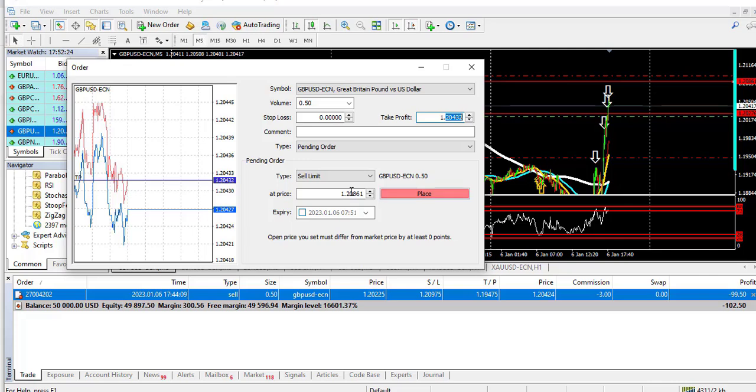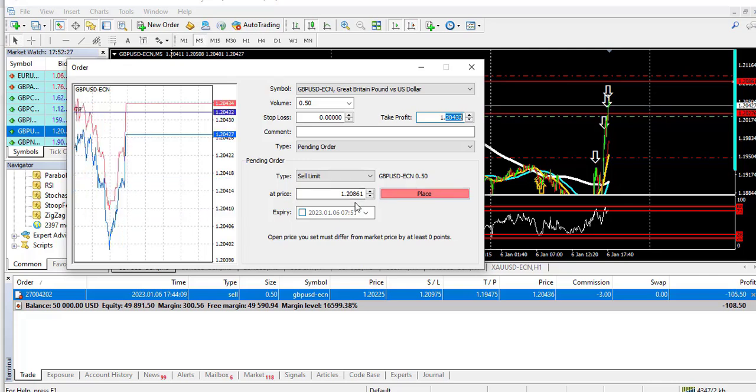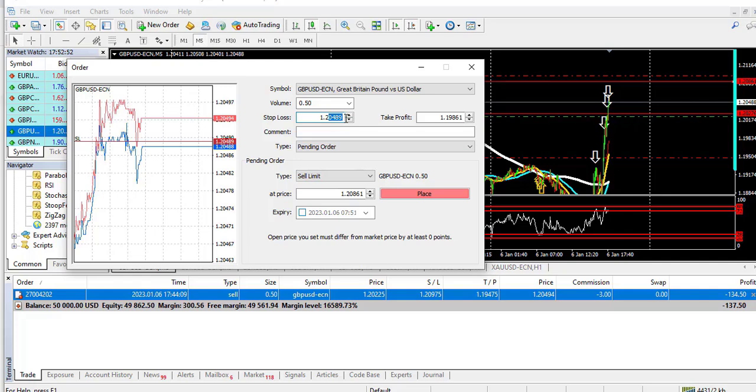So 100 pips of this would give me 1.19861 as my take profit. Then my stop loss will be 1.21861 using the same lot size.